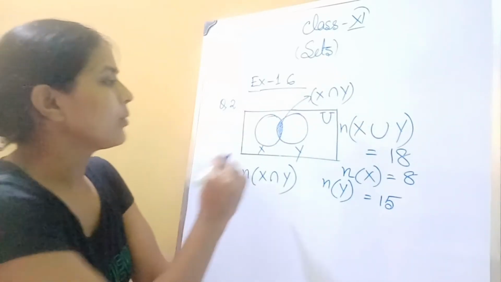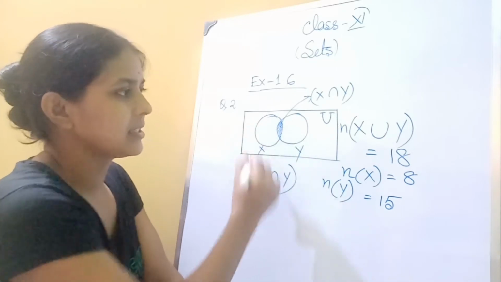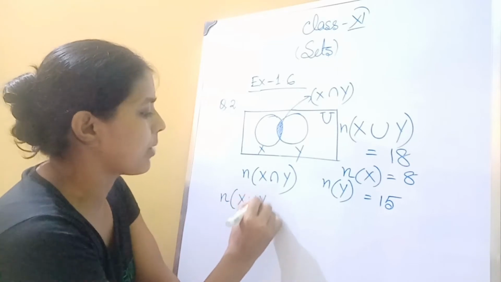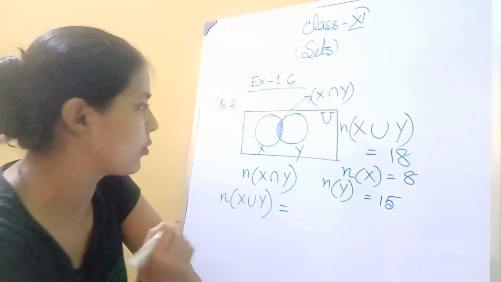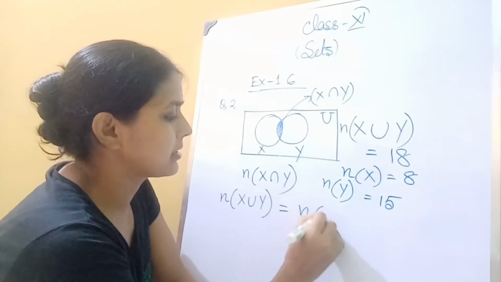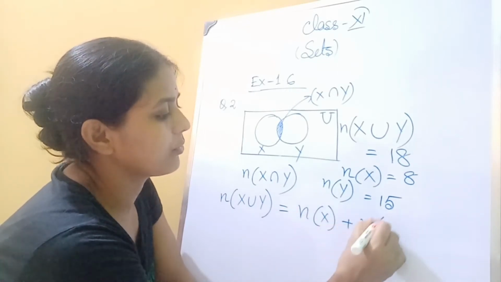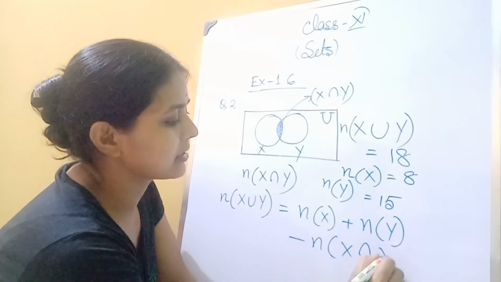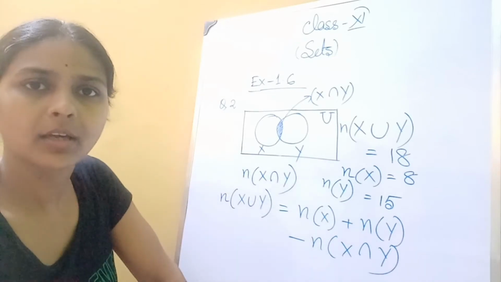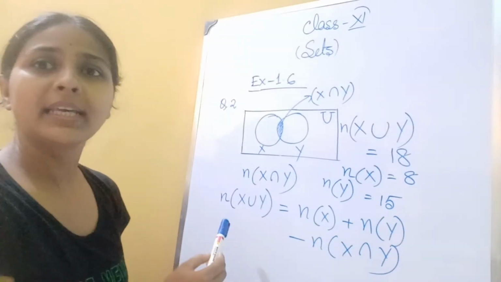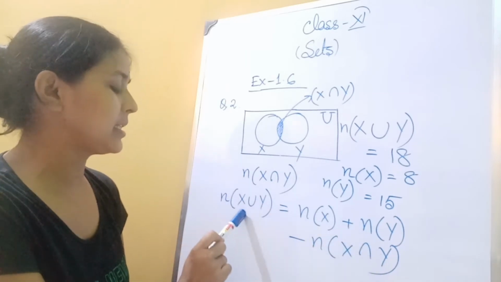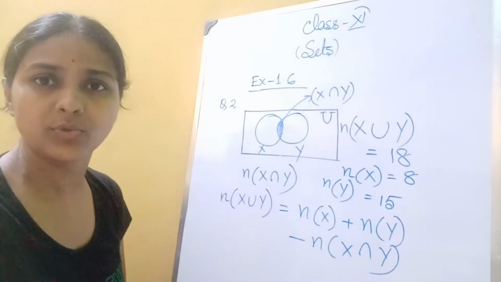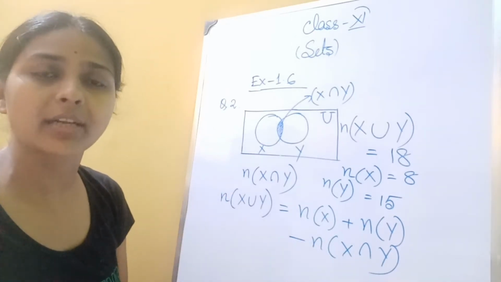Now you can see from this that n of X union Y is actually equal to n of X plus n of Y minus n of X intersection Y. This formula I have already done in the previous session.